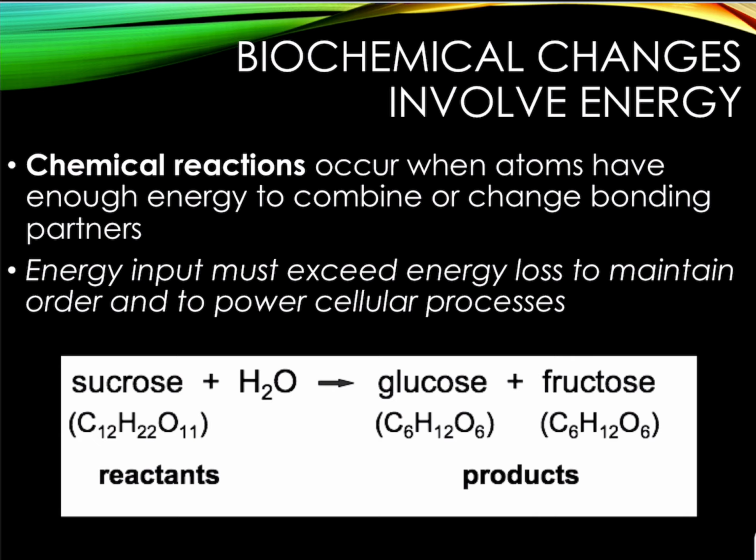Those are huge chemical reactions, and that's the main focus of this unit, including enzymes and how they are important players in these big chemical reactions. In general, for chemical reactions, energy input must exceed energy loss to maintain order and to power cellular processes such as photosynthesis and respiration, and a whole bunch of other processes that happen.